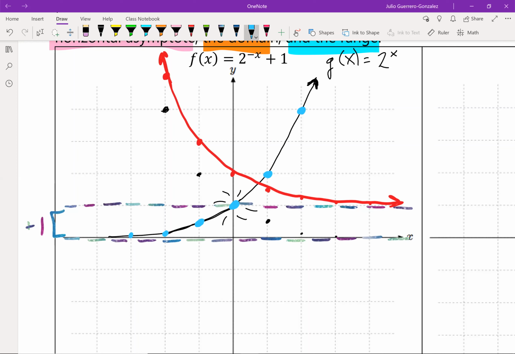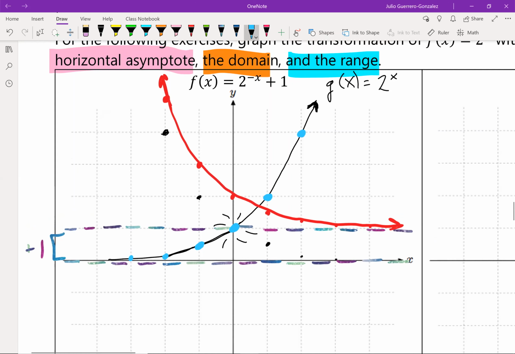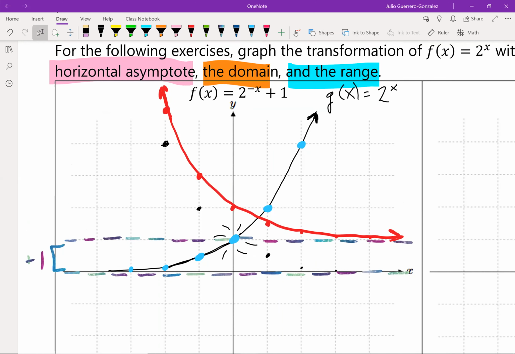There's going to be one for exponents and one for logs, which is going to happen in section 4.4. So Hunter, to answer your question, those blue points I got from the original, OG vanilla function, 2 to the x. I graphed those points, and those got me the blue ones.